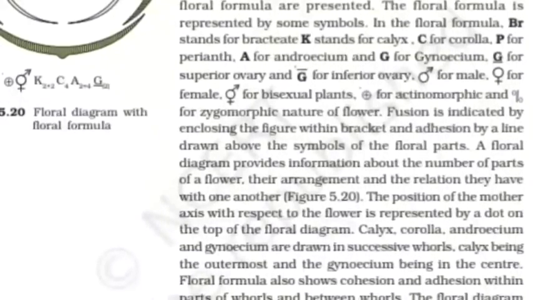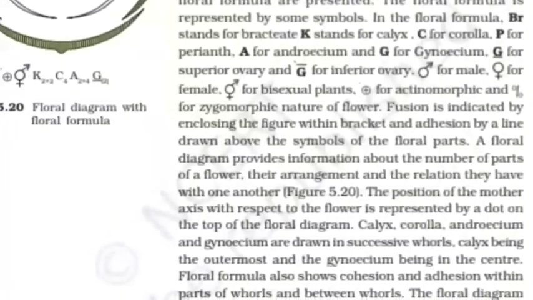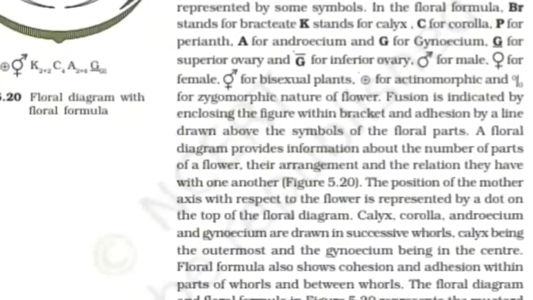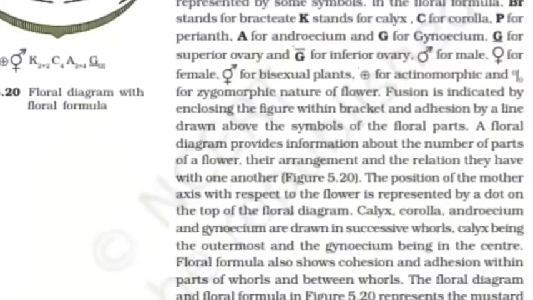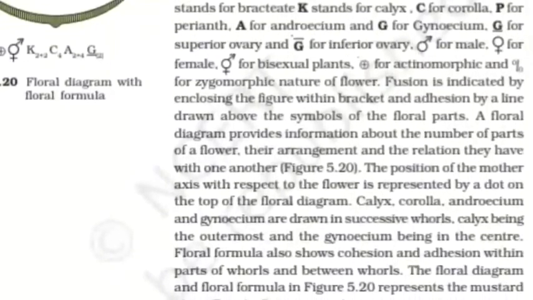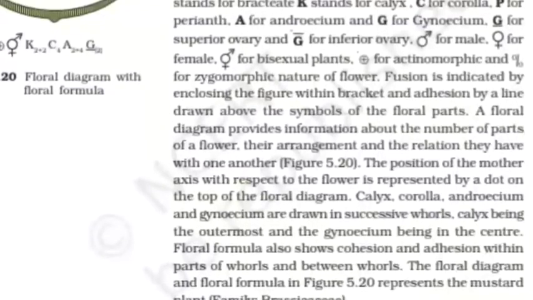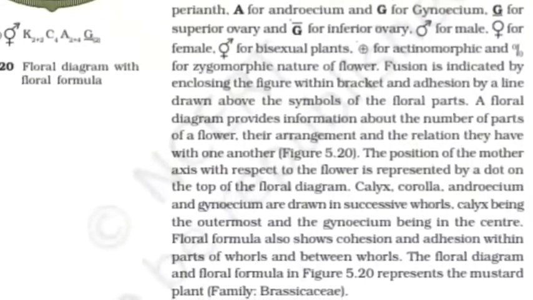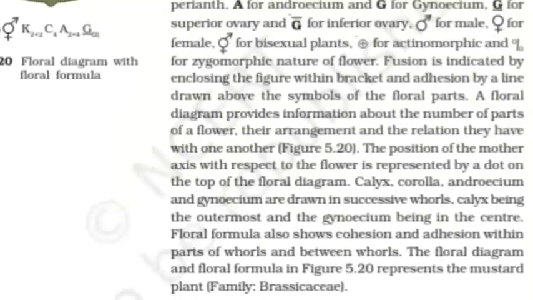Male is represented by a male symbol, female by a female symbol, bisexual by a combined symbol, plus in a circle for actinomorphic and percentage sign for zygomorphic nature of flowers.